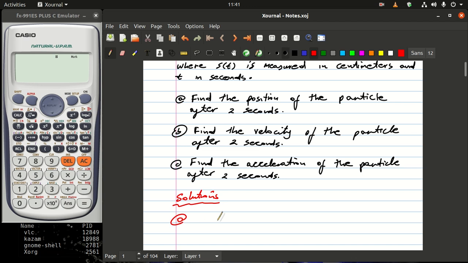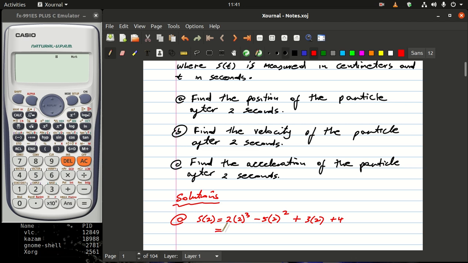So A is saying that you are actually looking for s of 2. Where there is t, I'm just going to plug in 2 seconds. So I have 2 times 2 cubed, minus 5 times 2 squared, plus 3 times 2, plus 4.